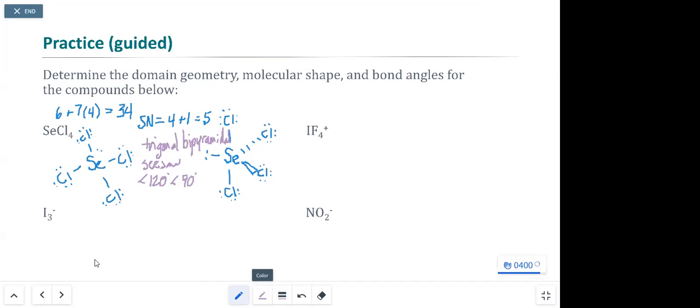Because this lone pair here is going to push down on all of these bonds. So these bonds, which are currently at 120, are going to get squeezed together a little bit by the extra repulsion in this lone pair. These axial positions are going to get squeezed down a little bit by the extra repulsion in this lone pair.